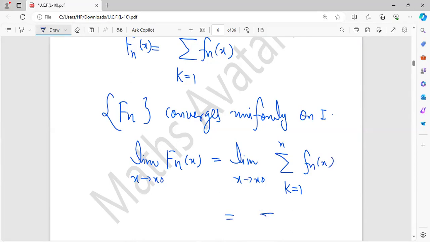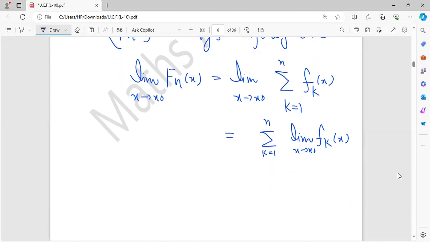Because this is a finite sum, the limit will be distributed in the sum. So this is nothing but summation k goes from 1 to n of ak.